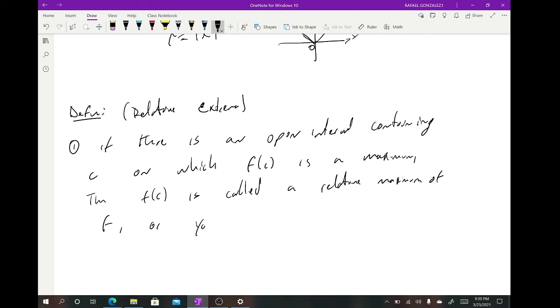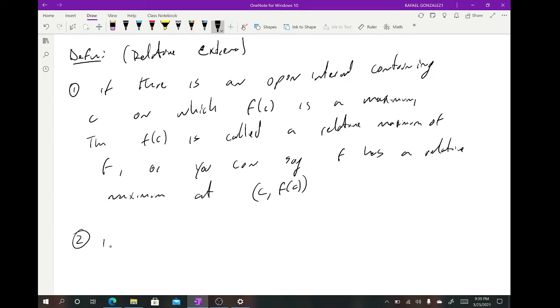Or you can also say f has a relative maximum at C, f of C.